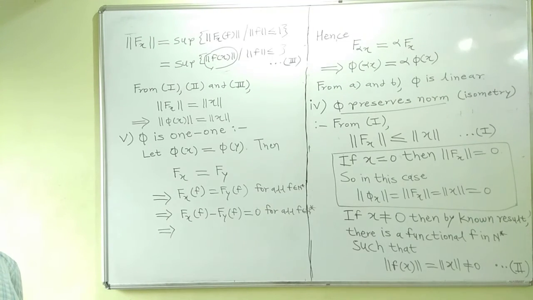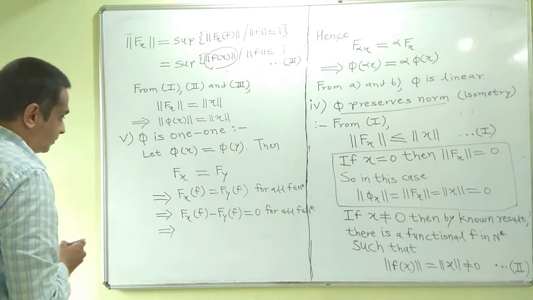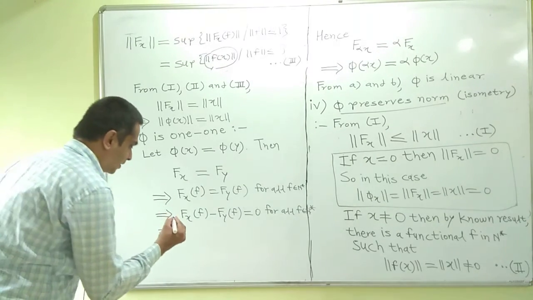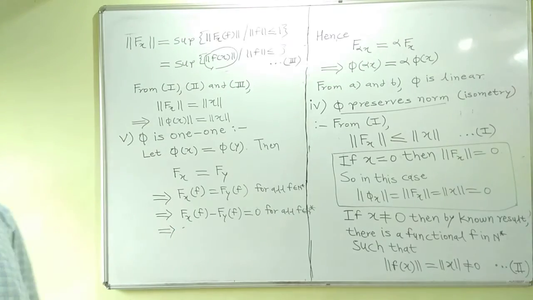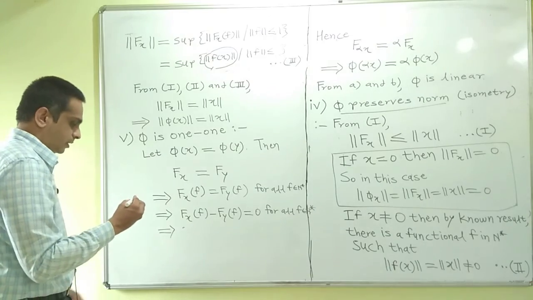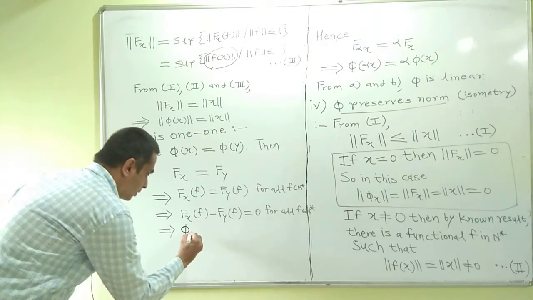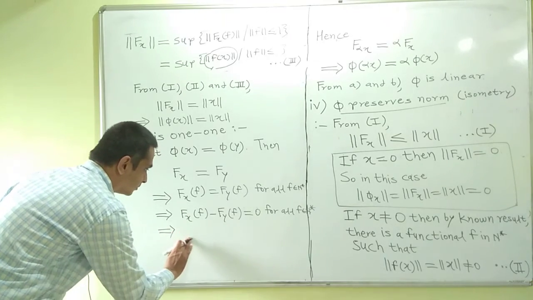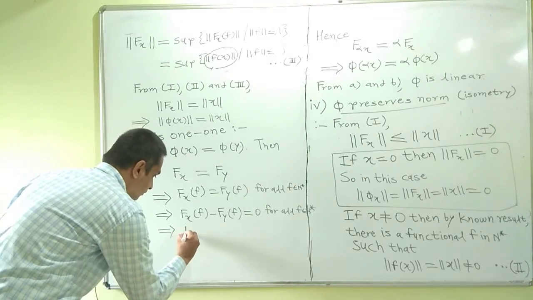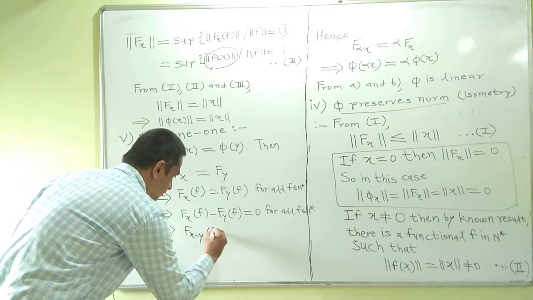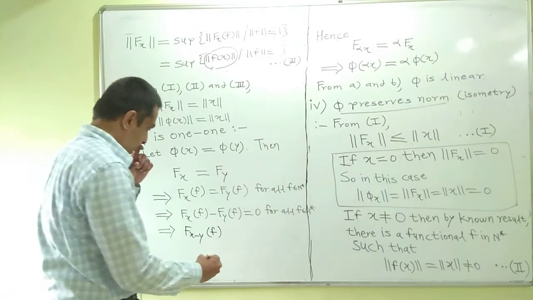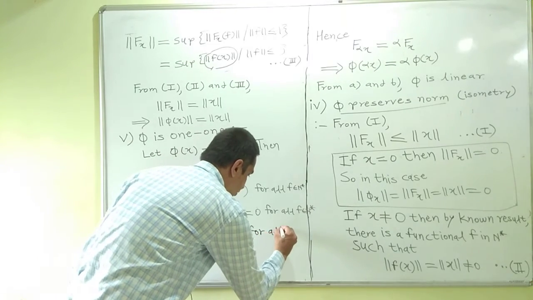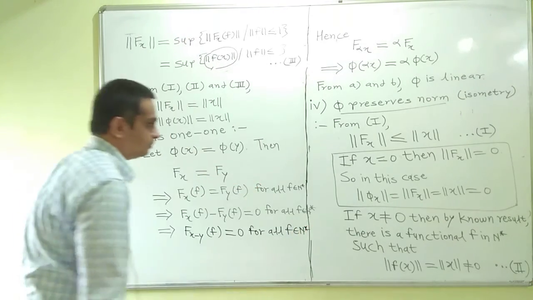So if you remember that phi is linear, I would write this as f of x minus y is equal to 0 for all f belongs to n star.